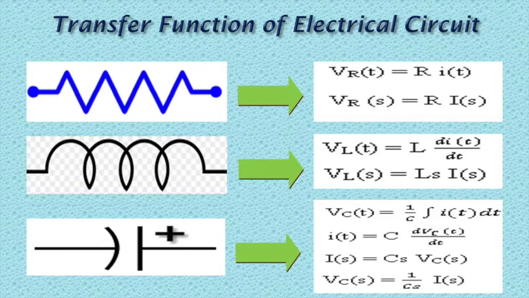So the procedure for finding the transfer function of an electrical network: First, draw the given electrical network in the S domain with each inductance L replaced by sL and each capacitance replaced by 1 by sC. Next, replace all sources and time variables with their Laplace transforms, so that v(t) is replaced by V(s) and i(t) by I(s).